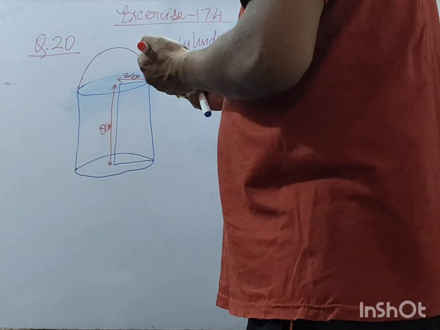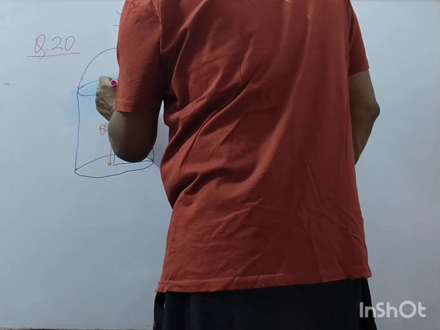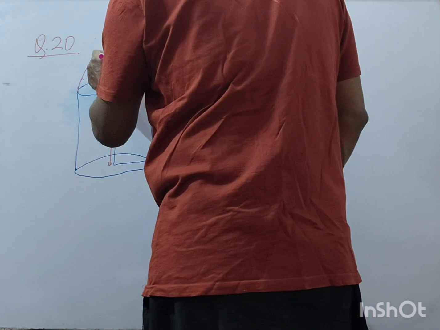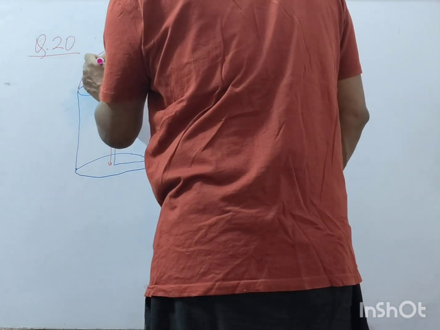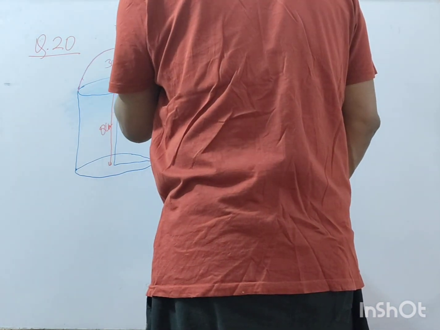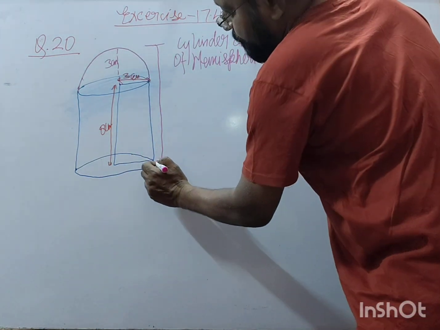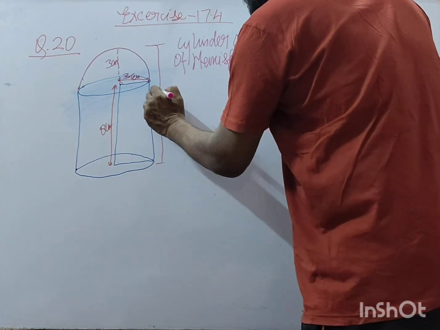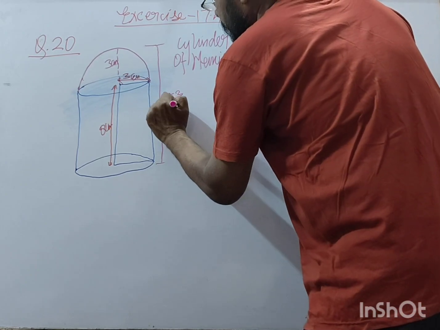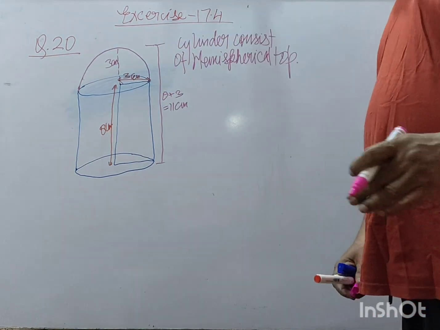Obviously, this height of the hemisphere will also be 3 centimeter, and the total height of the solid is 8 plus 3 equals 11 centimeter, right? So what do we have to find now?